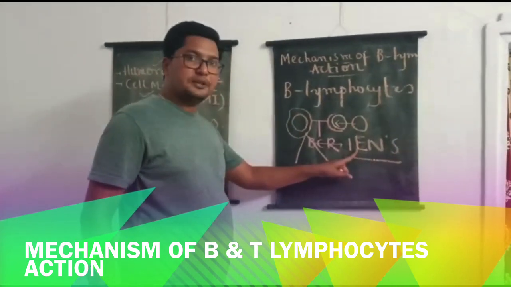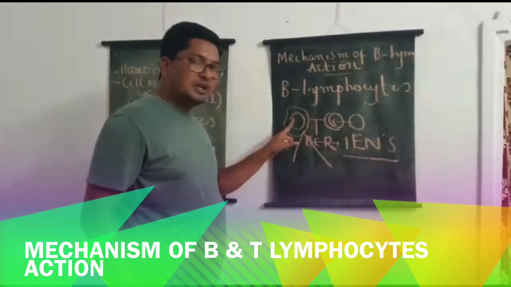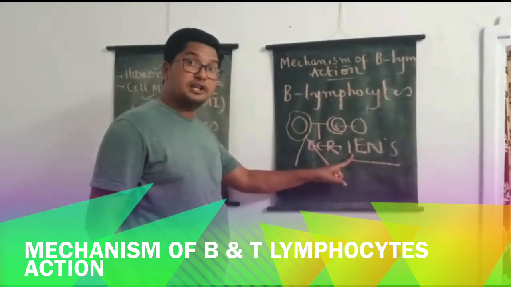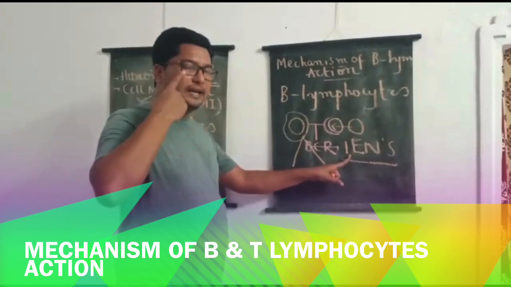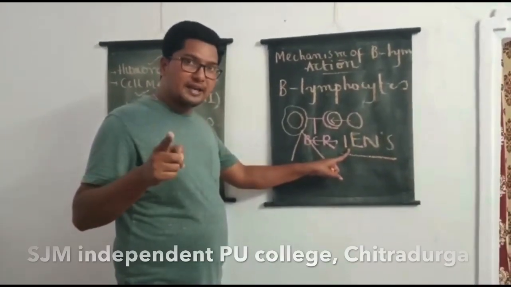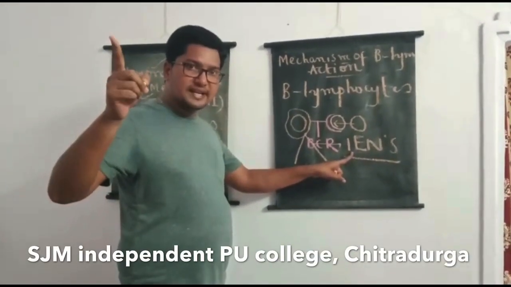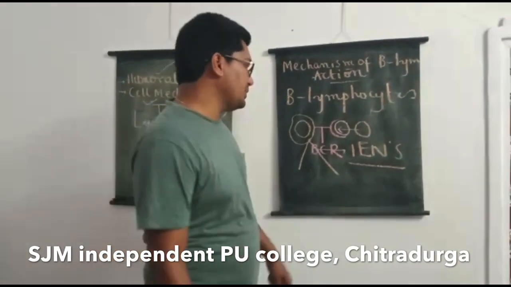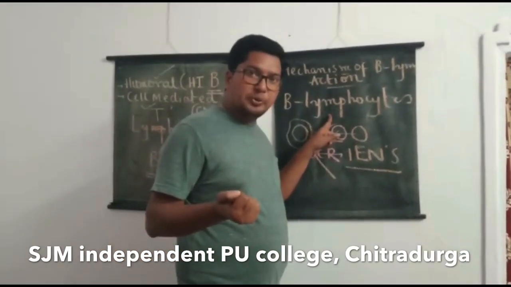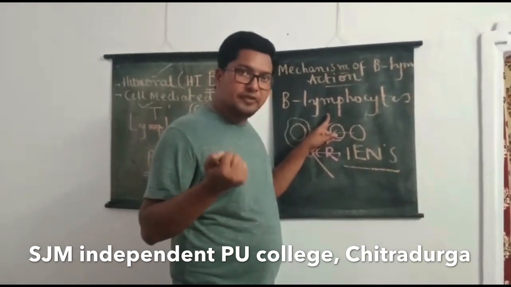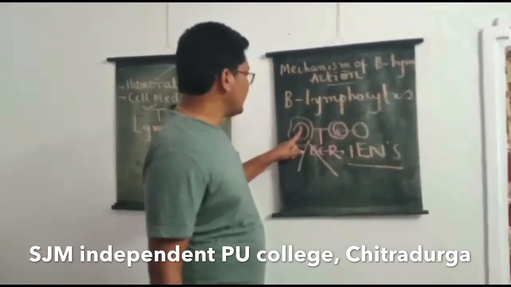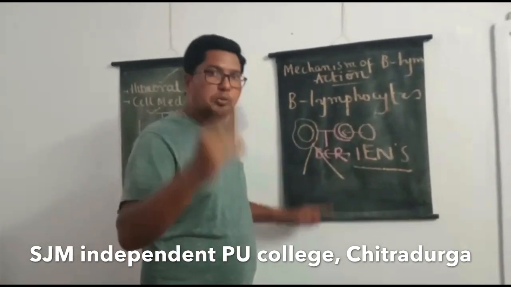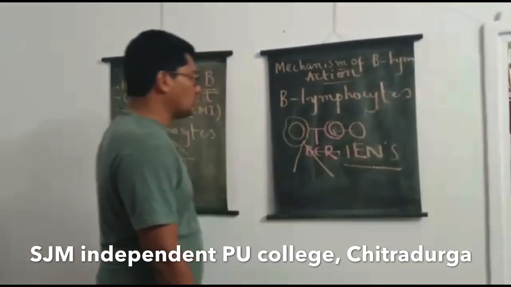So the type of cytokines responsible for the differentiation of B lymphocytes are called interleukins. If you remember, interleukins are produced by the type of T lymphocytes, that is T helper cells. T helper cells will produce low molecular weight proteins called cytokines, which help in the differentiation of B lymphocytes into two different cell populations.